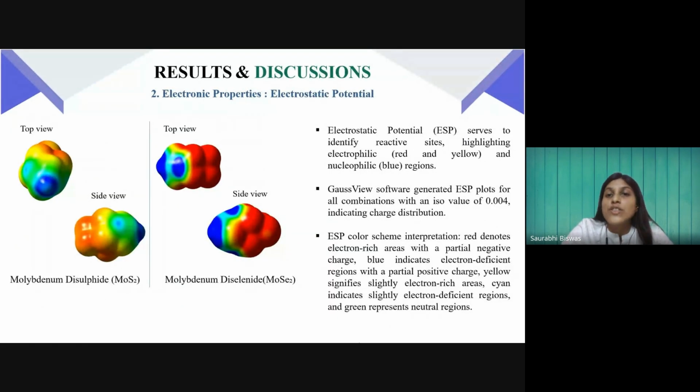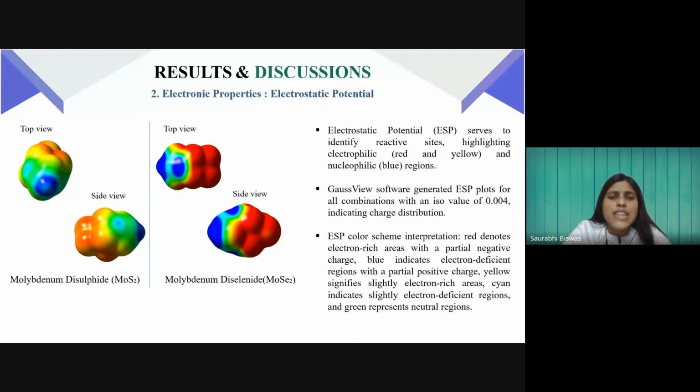Next, coming to the electrostatic potential. The ESP plots generated from the GaussView software highlight the key reactive sites in a molecule. These plots use a definite color scheme to indicate the charge distribution. The red regions indicate areas rich in electrons with partial negative charges. The blue color indicates electron-deficient regions with partial positive charges.